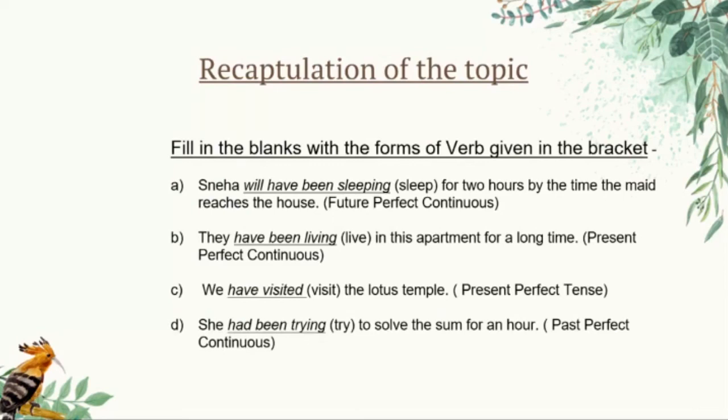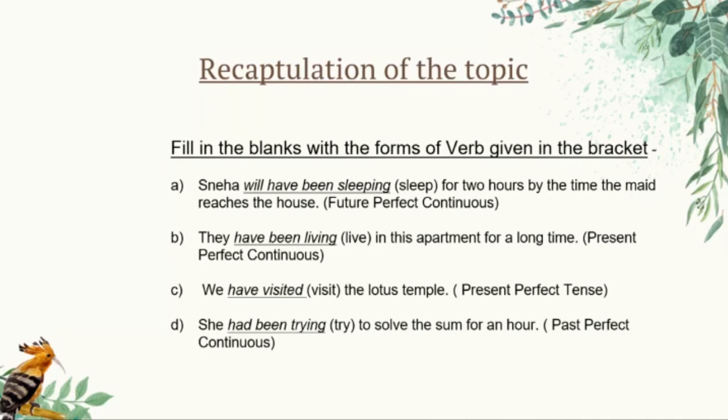The first sentence, Sneha in the bracket sleep for 2 hours by the time the maid reaches the house. And we have to fill in the blank with future perfect continuous. So it will get Sneha will have been sleeping for 2 hours by the time the maid reaches the house.